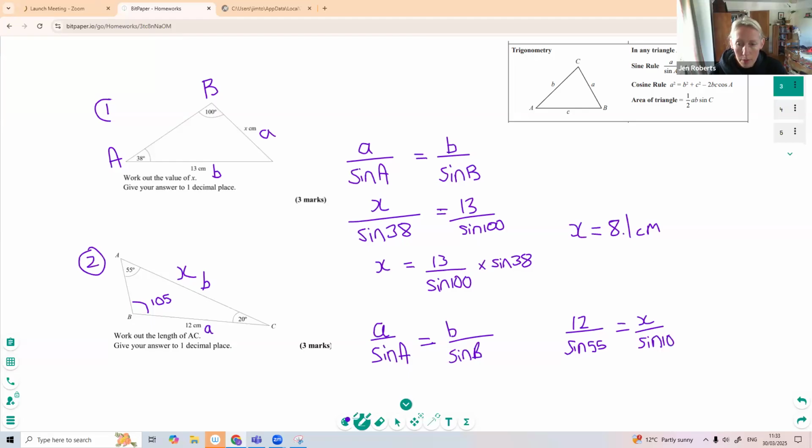Multiply both sides by sine 105. But multiply in the order does not matter. Type it in your calculator. 12 over sine 55 multiply by sine 105. We get 14.2. So that's the sine rule for missing length.